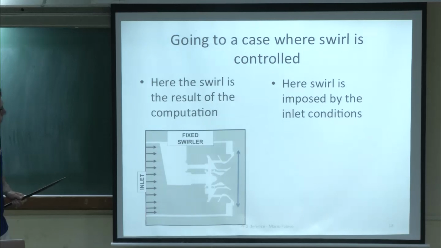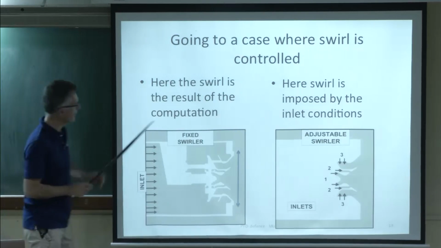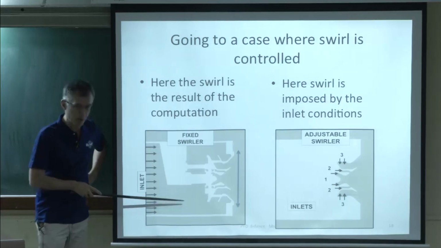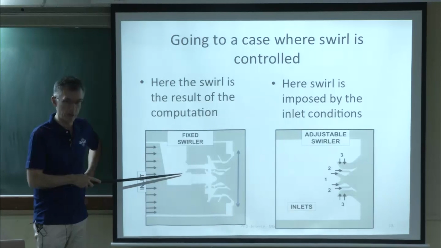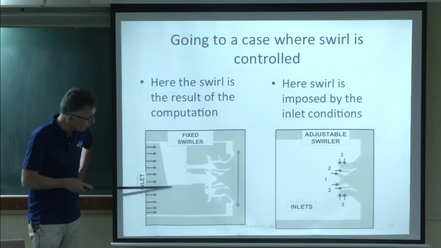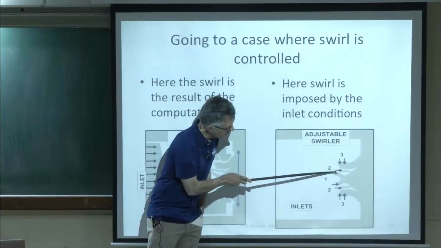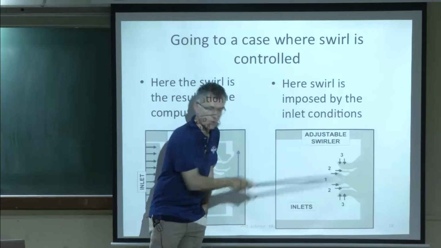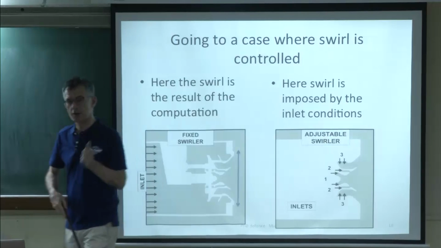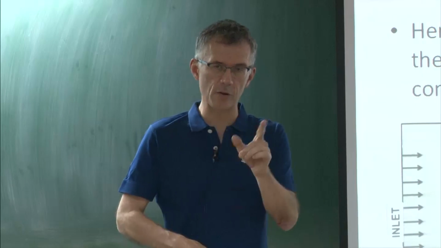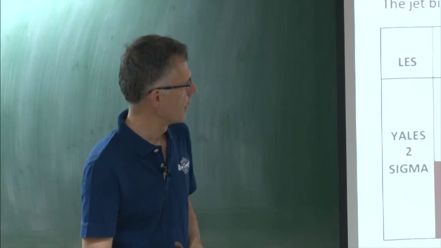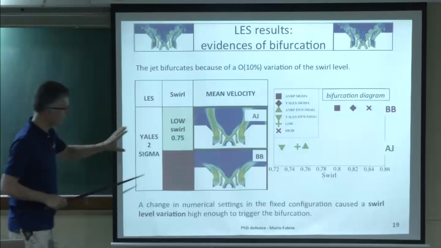Just to make this clearer, it really means that in the first simulation I've shown you, the swirl was the result of the computation, because it's imposed by the geometry. Here, we will impose the swirl in all these sections, so we will be able to change it. This way, we're going to be able to see if the swirl is the parameter which controls the topology. So when we did that, that's one set of computation.